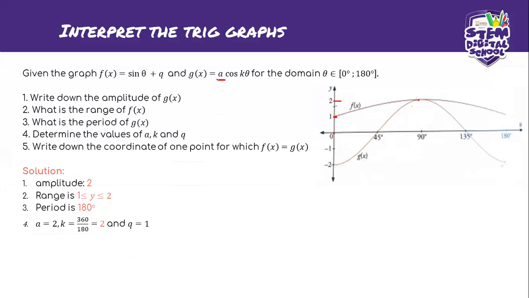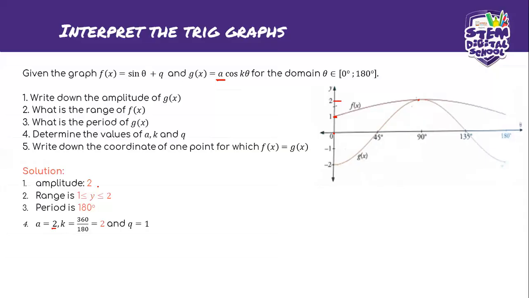Here's A. Remember earlier on we talked about this A. We said this A determines the shape or the amplitude of the graph, right? Now, they say it's 2. Then when you look at this graph of g of x, we have already determined the amplitude of that.